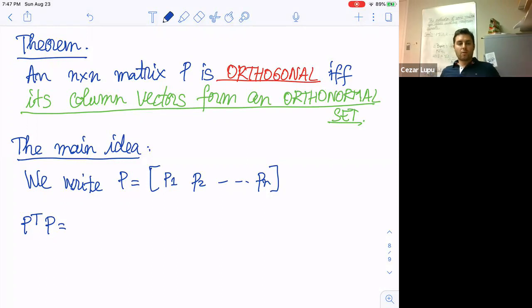You'll see that it is orthonormal, because any two columns, seen as vectors, have dot product 0, and they're unit vectors. That's very easy to see. In other words, you will see that this product is nothing else than just the identity.